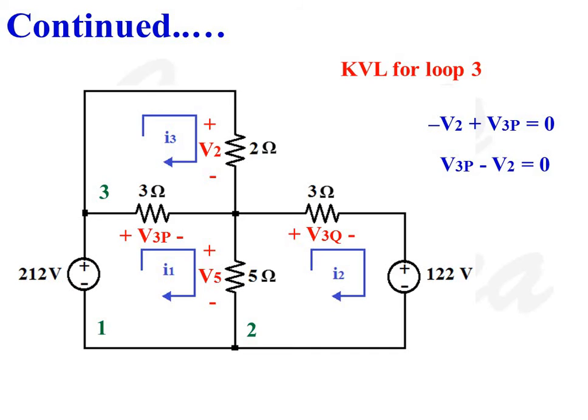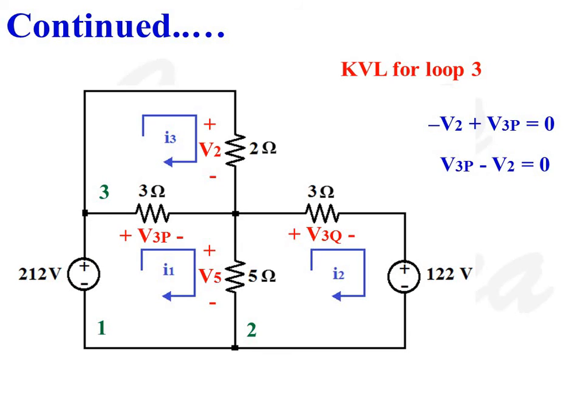Applying KVL for the third loop. In the third loop, there are only two voltage terms. Voltage drop across 2 ohms resistance V2 and voltage drop across 3 ohms resistance V3P. Moving in the clockwise direction, when we consider voltage drop across 2 ohms resistance as we move from positive potential to negative potential, V2 should be taken as negative, minus V2.